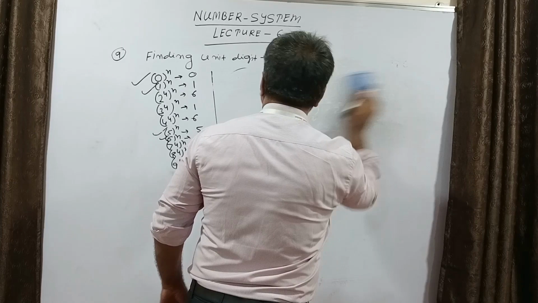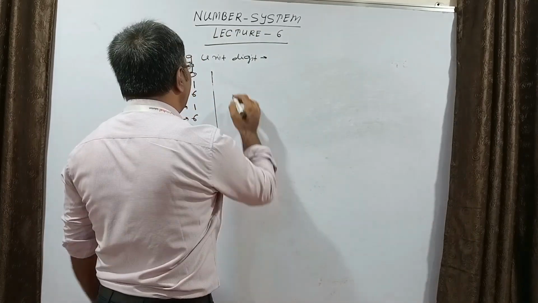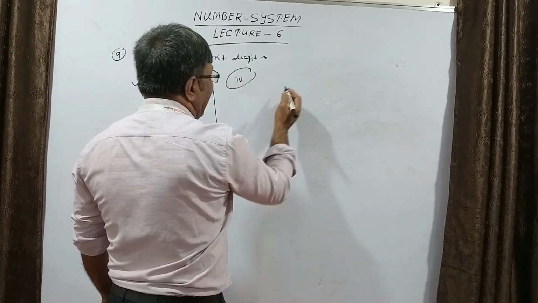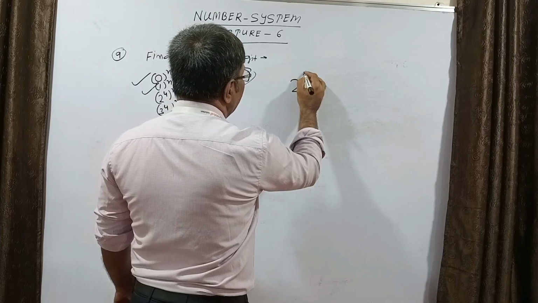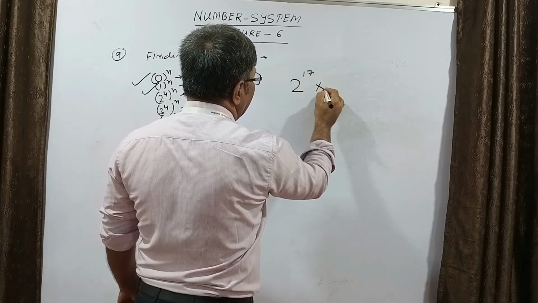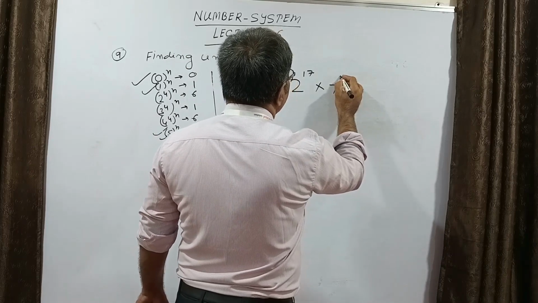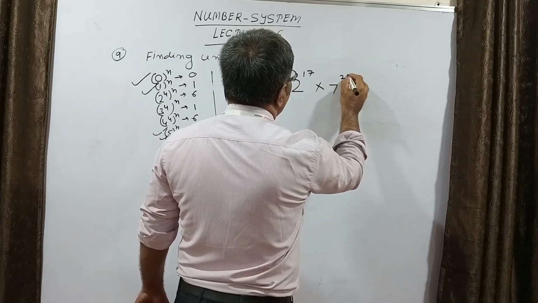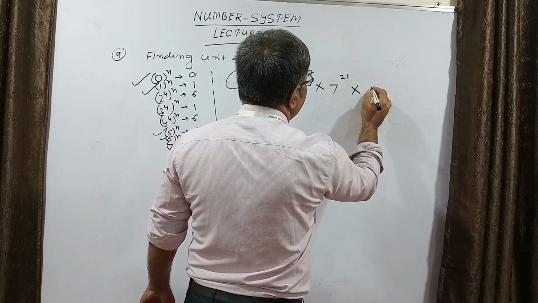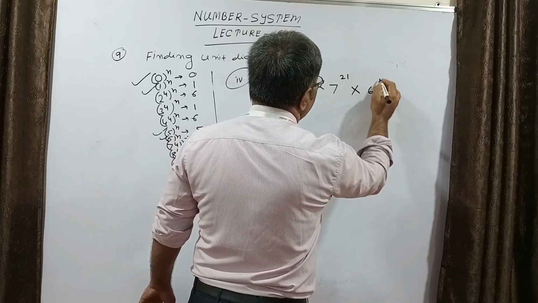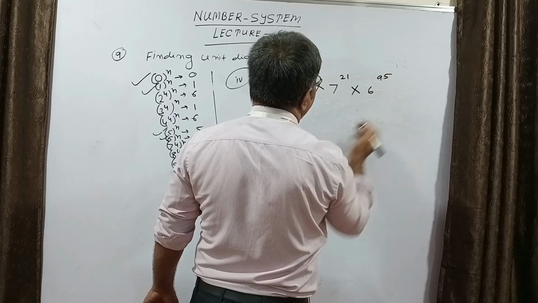Okay, now one more example. This is the mixed example of everything. Just like this is given 2 to the power 17 and 7 to the power 21 and this is 6 to the power 95.